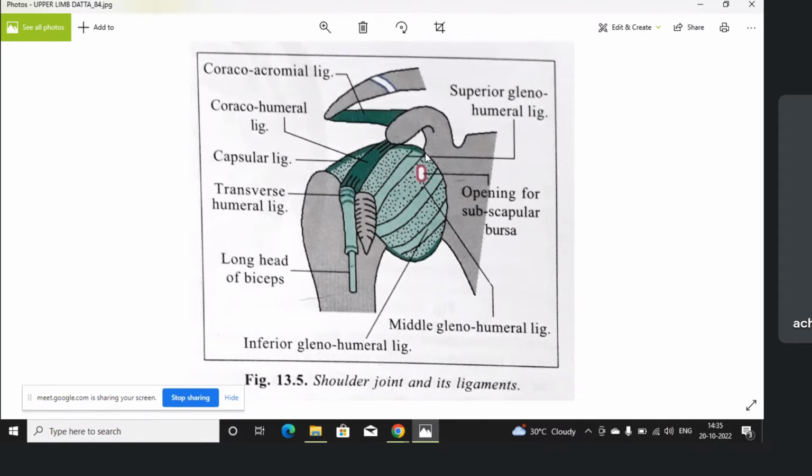So next, number 2, middle glenohumeral ligament.